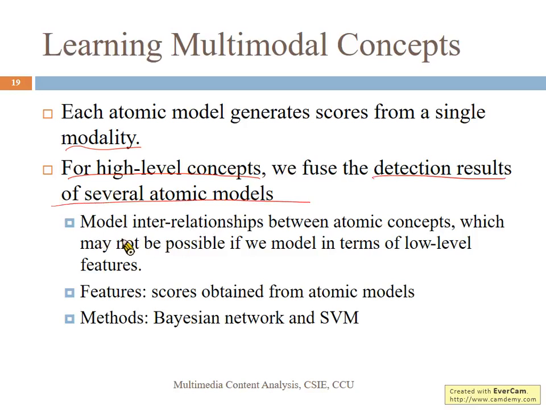They try to model the interrelationship between atomic concepts, which may not be possible if we don't detect atomic concepts in advance. It is not possible if we model just based on the low-level features.